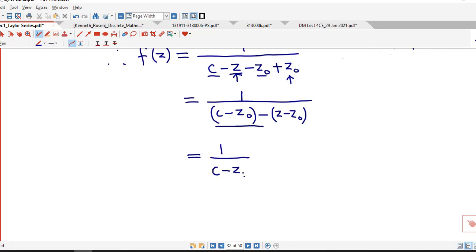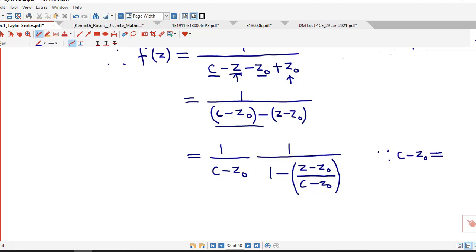So what we can do is rewrite it this way. We take c minus z0 common, and here we rewrite this as 1 minus z minus z0 divided by c minus z0. We are given that c minus z0 is not equal to 0, so there is no problem in writing c minus z0 in the denominator.